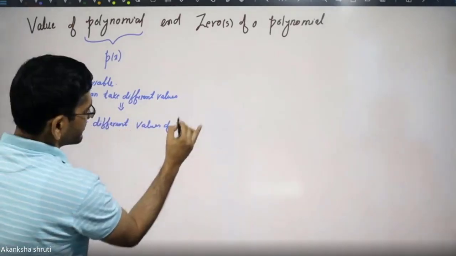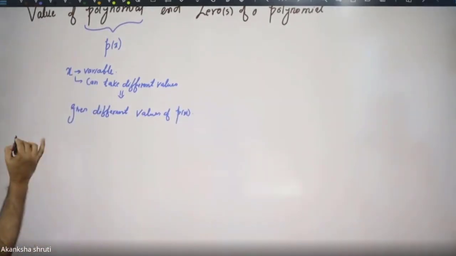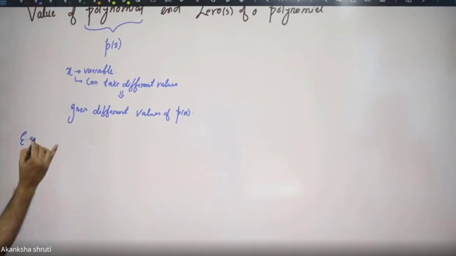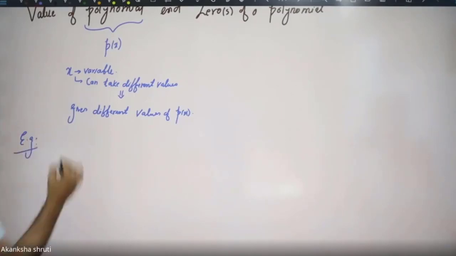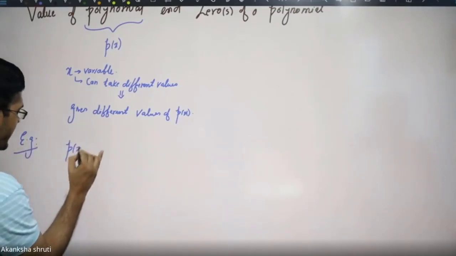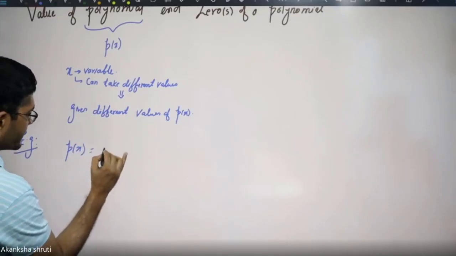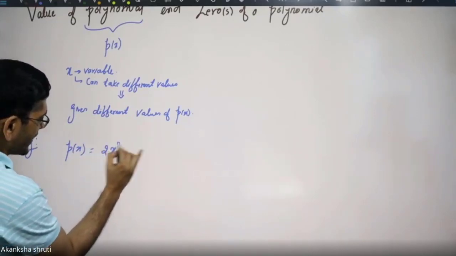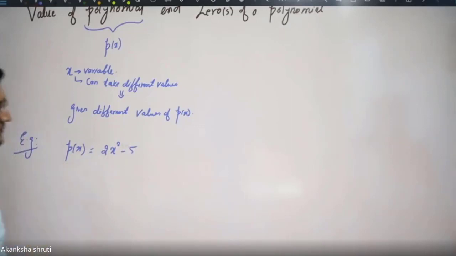Example, let us understand with an example. The polynomial p(x) be say 2x square minus 5. I'm taking this one as the polynomial.